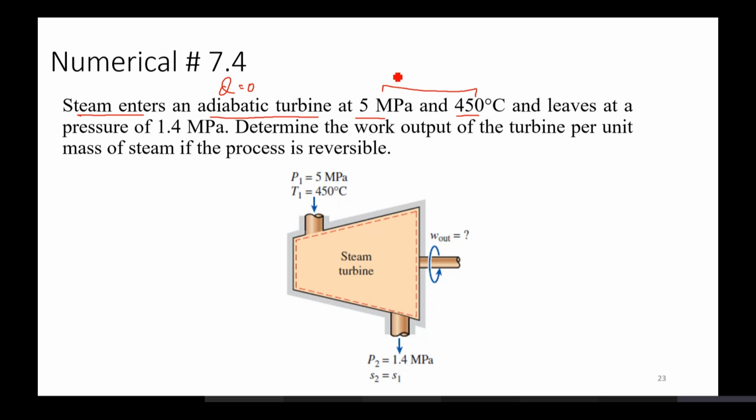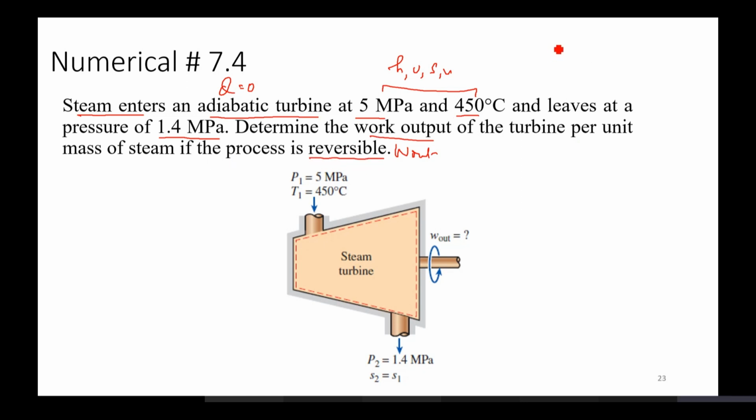With these two conditions, you can find enthalpy, internal energy, entropy, specific volume, all of it. And it leaves at a pressure of 1.4 megapascal. Determine the work out of the turbine per unit mass of steam if the process is reversible.